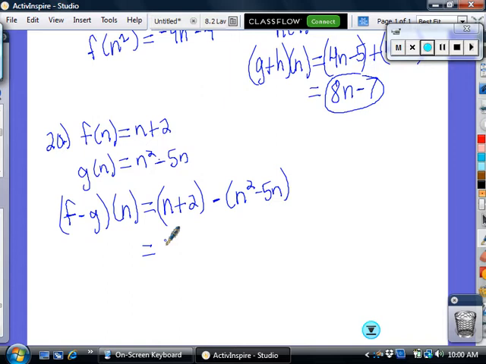We'll just have to be careful. Watch our signs, because this will be a negative n squared and this would be a positive 5n. And we need to put this in descending order to make it standard form. And so that will be a negative n squared, and a 1n and a 5n is 6n, and 2 plus 5 is 7.